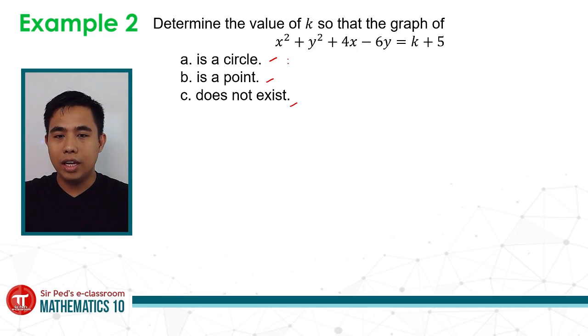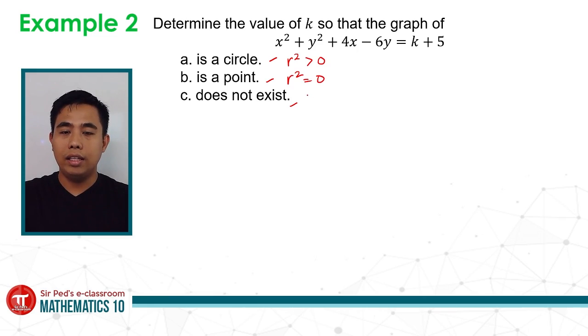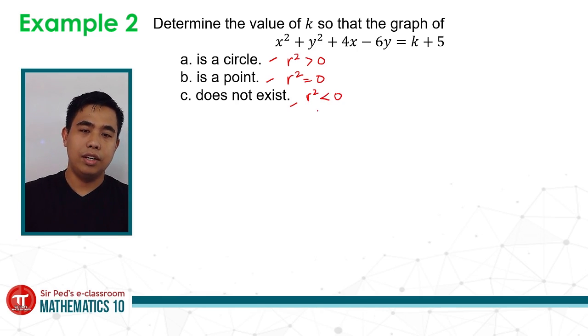Remember, it is a circle if r squared is greater than 0. If r squared is equal to 0, then it is a point. And it does not exist, or there's no graph, if r squared is less than 0.